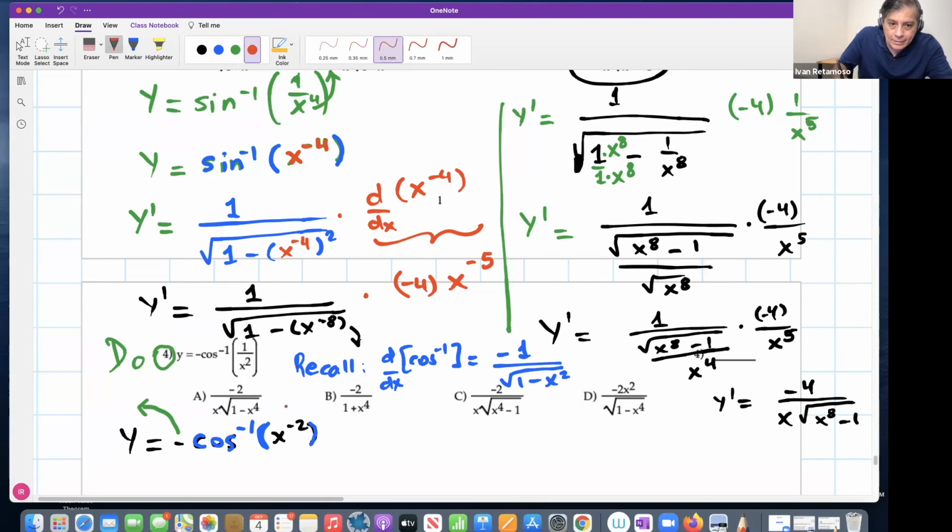This form, guys, is going to help a lot on your homework. All right, yeah, this is the inside function, right? Yeah, try. Number 4.